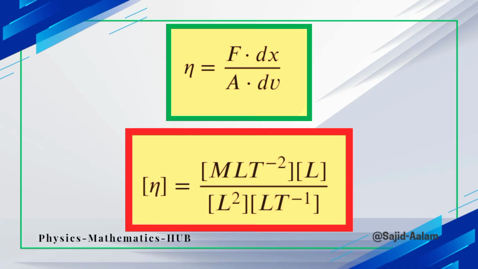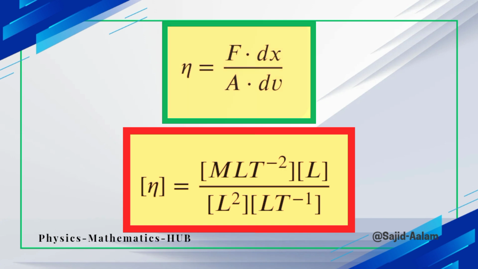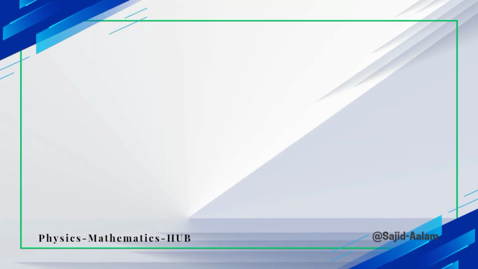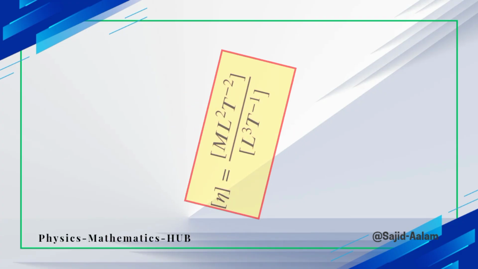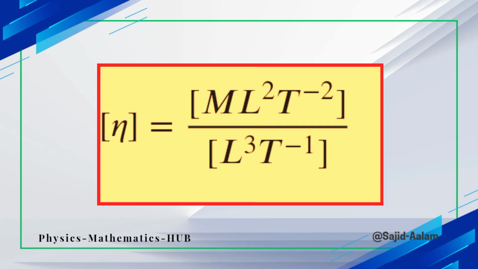eta equals mLt to the power of -2, L over L squared, Lt to the power of -1. Simplifying the numerator and denominator, eta equals mL squared t to the power of -2 over L cubed t to the power of -1.